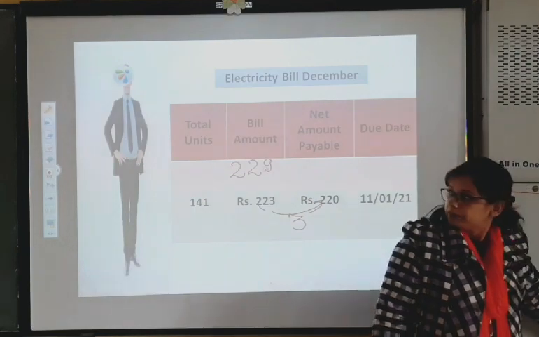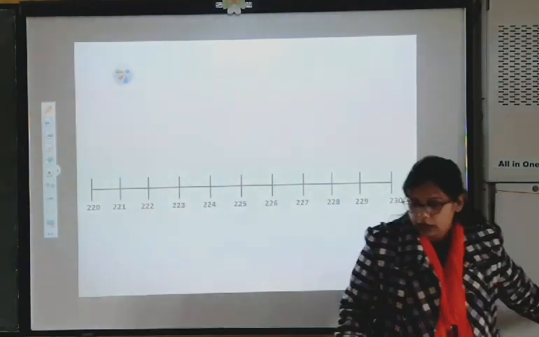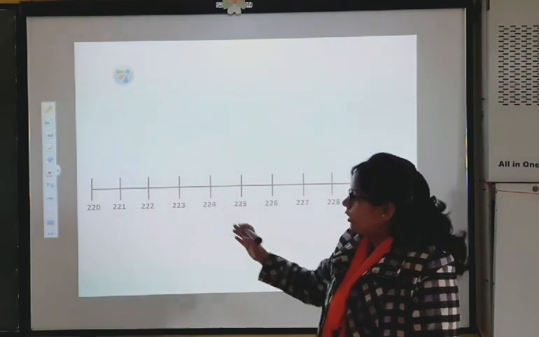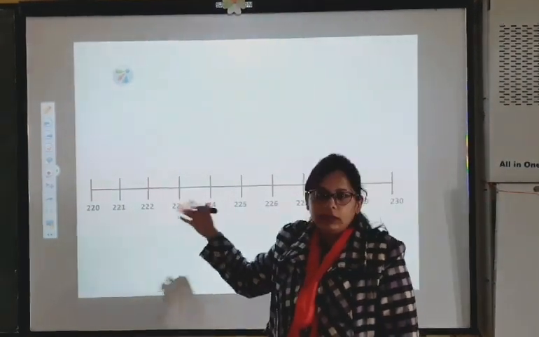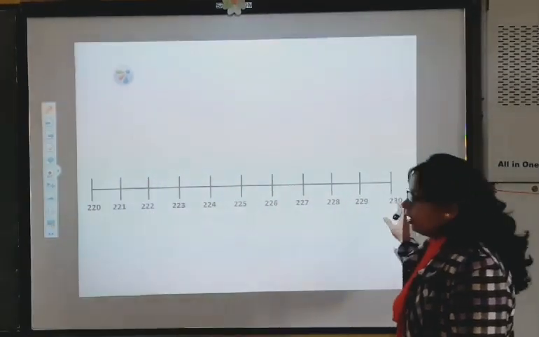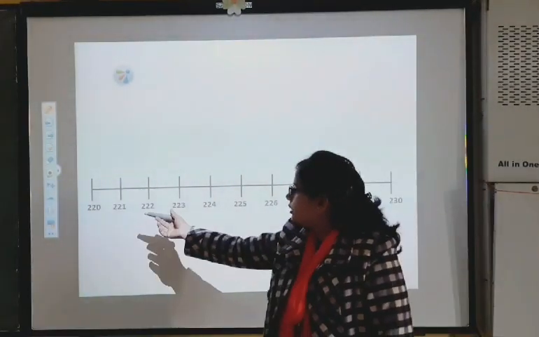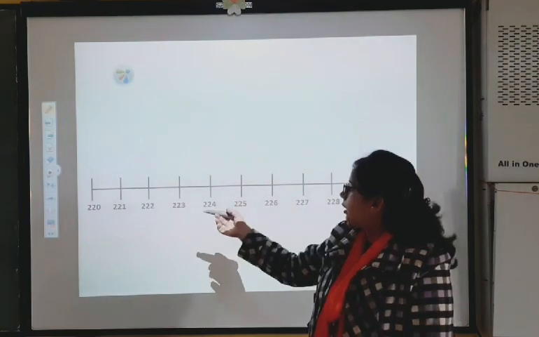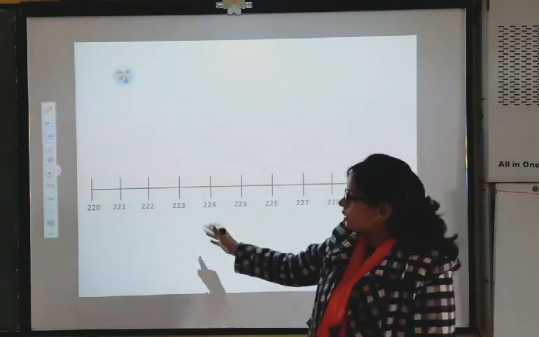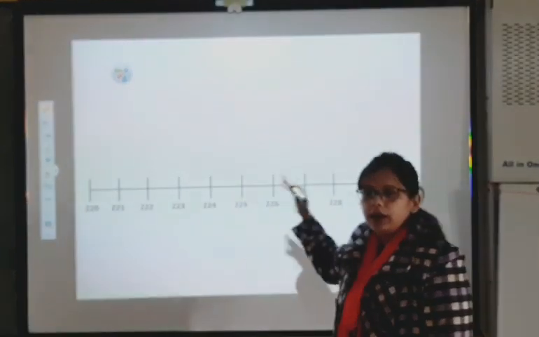Let's see. Now children, this is the number line. As you can see on the screen, this is the number line starting from 220 to 230, and the numbers in between are 9 numbers, that is 221 to 229, lying in between 220 and 230.